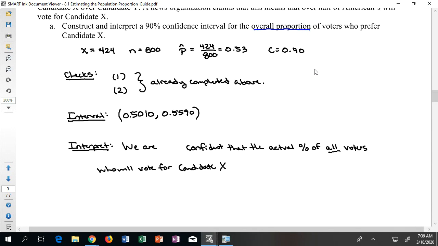That's what we're looking for. We're looking for the actual percentage of all voters, not these 800, but of all voters who will vote for candidate X. And we are confident that that percentage is between 50.10% and 55.9%.